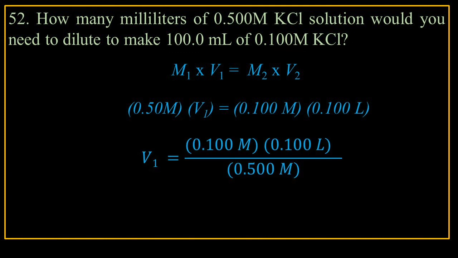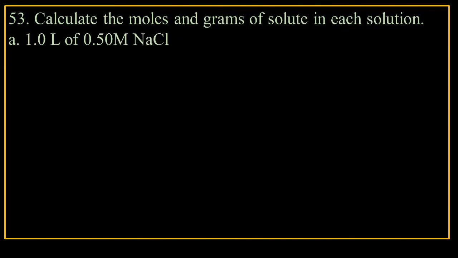So you're going to get 0.1 times 0.1 divided by 0.5, and that's going to be V1. So pretty straightforward. Divide through by 0.5, the product of 0.1 times 0.1, and you get 20 milliliters.